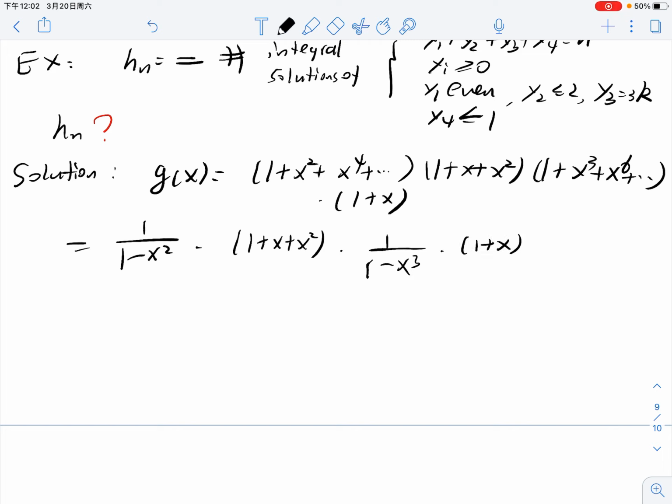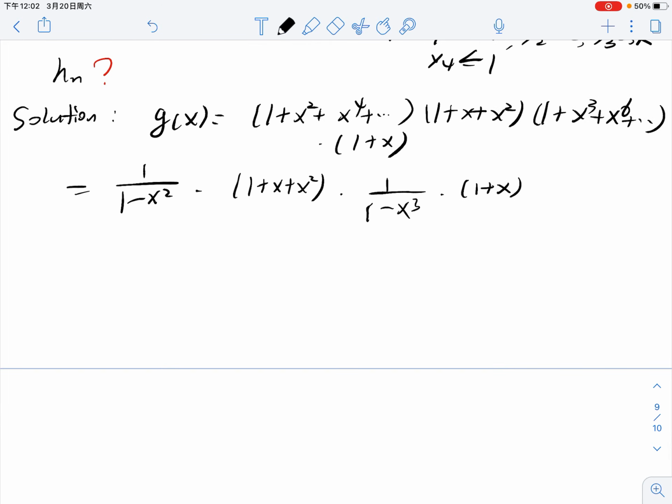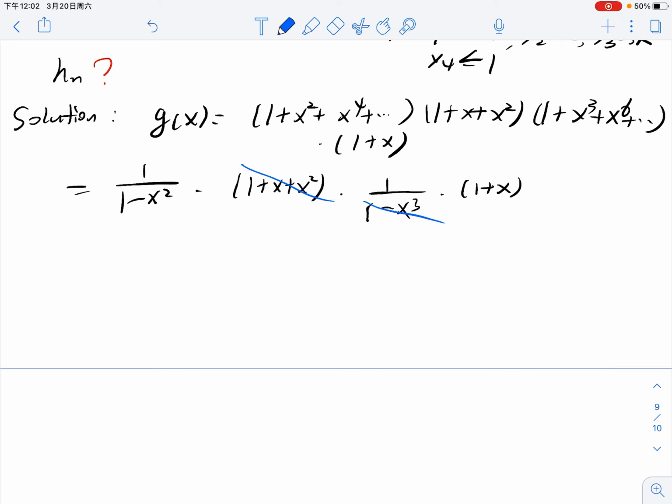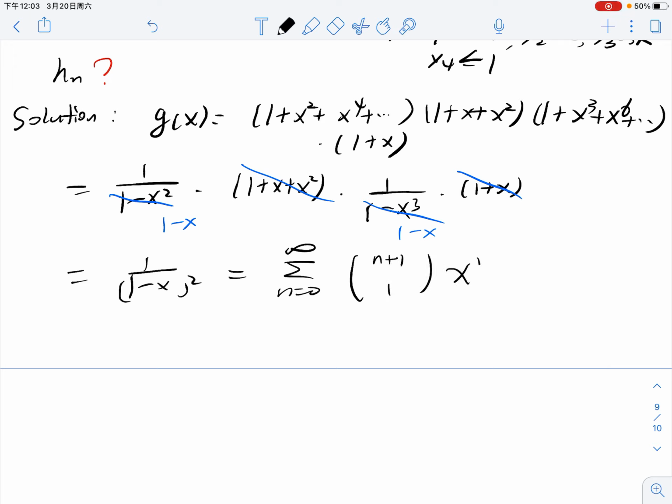Not very tricky, just by chance, you do have a lot of cancellation. So for example, if you cancel out with this one, you do have 1 minus x. And you cancel out this one, you have 1 minus x. Therefore, finally, you have 1 minus x squared. And you expand it, this is (n plus 1 choose 1) x to the n's power.